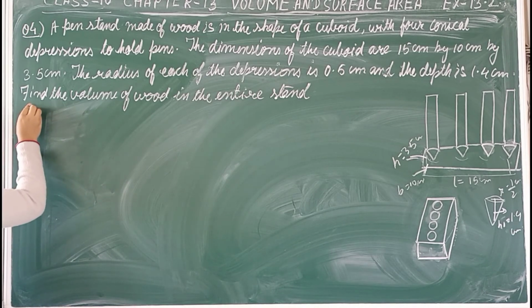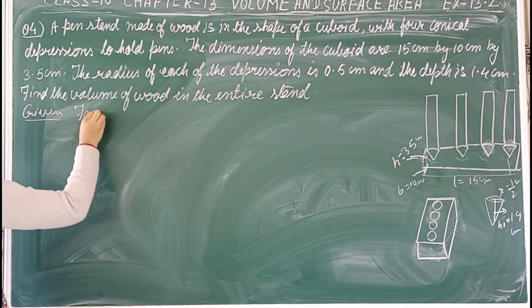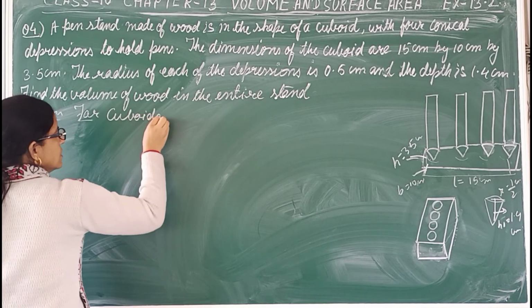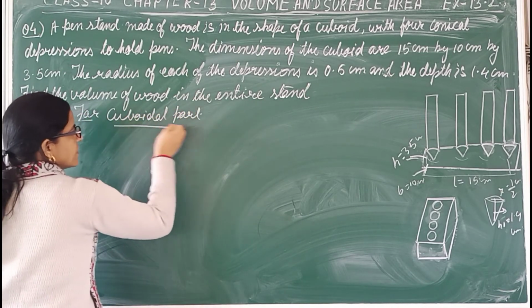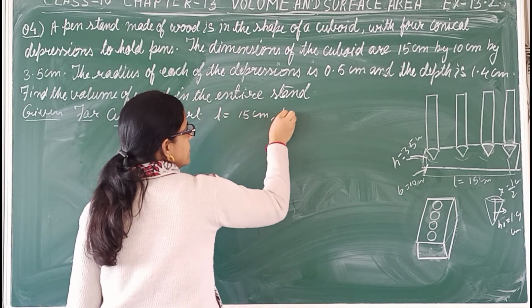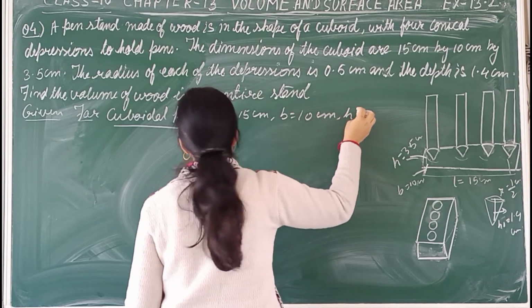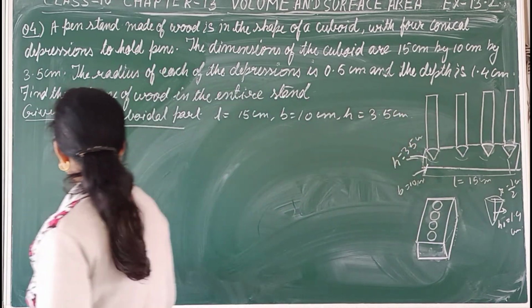Now the solution will start. So first, in the given part, for the cuboidal part, length equals to 15 centimeter, breadth equals to 10 centimeter, and height equals to 3.5 centimeter. Okay?